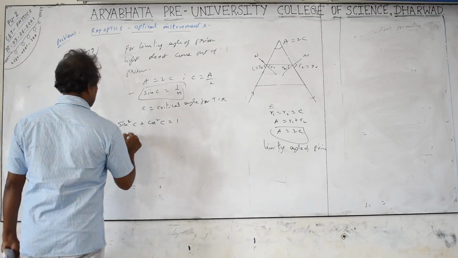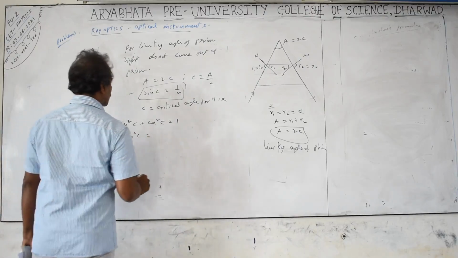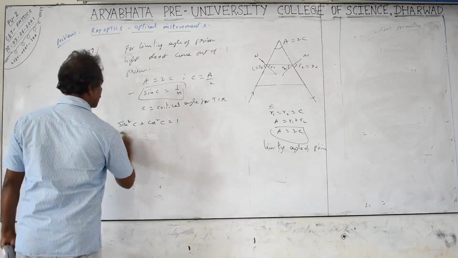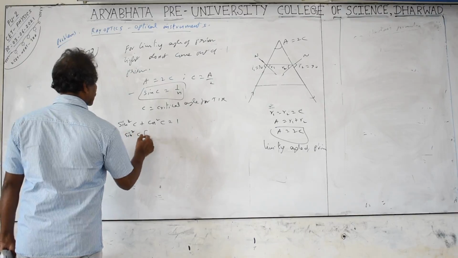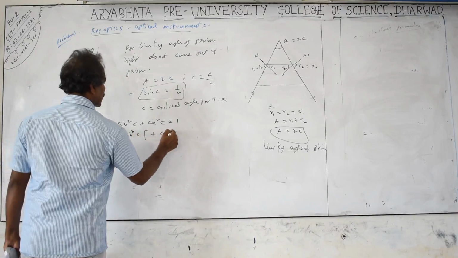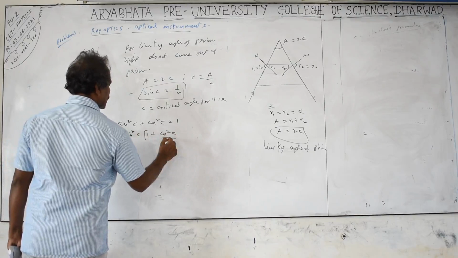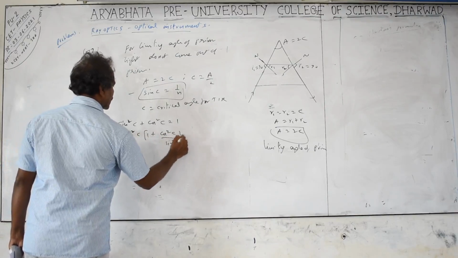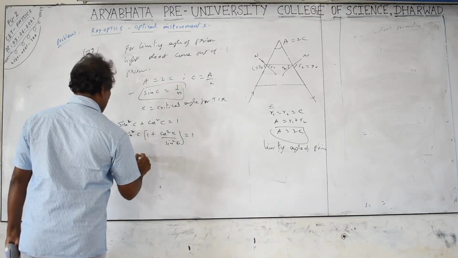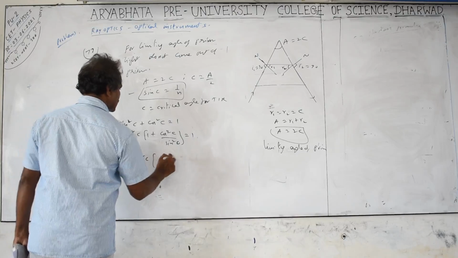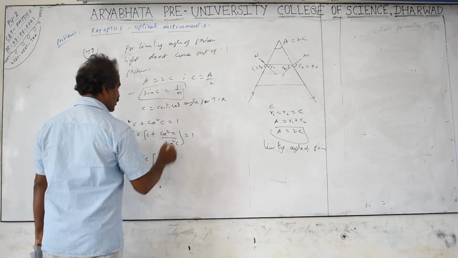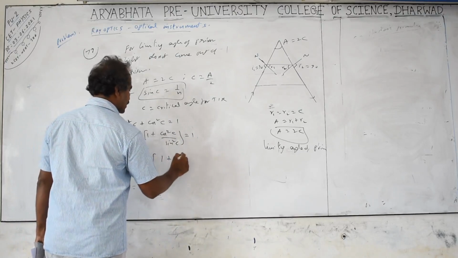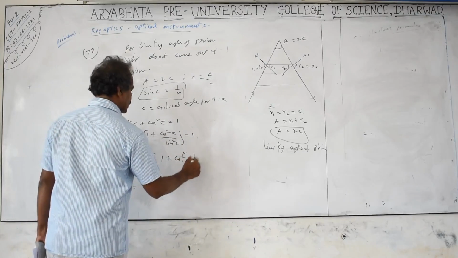So take sin square C common: sin square C into 1 plus cos square C by sin square C, which is 1 plus cot square C. Cos by sin is cot.